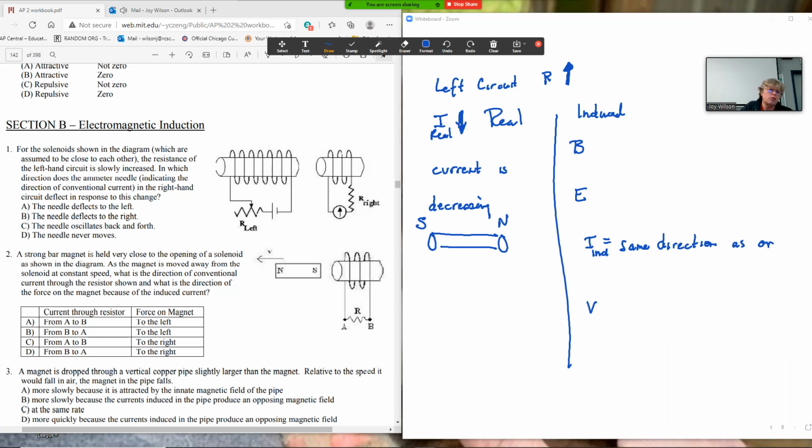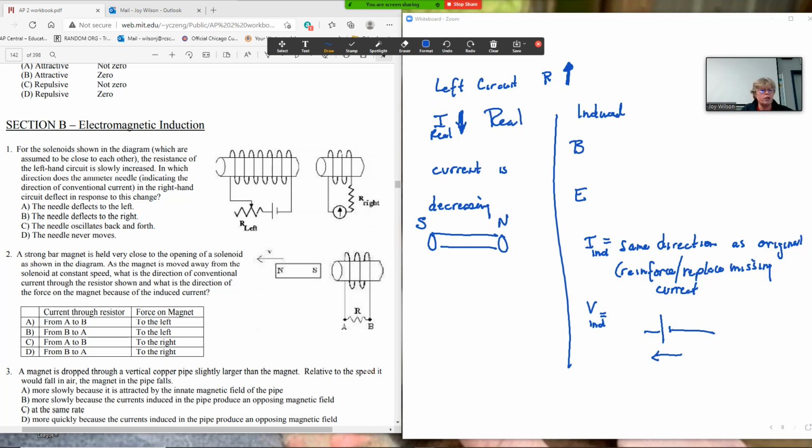So our induced current will be still the same direction as original, because it has to reinforce or replace the missing current. It also means that the battery on the right-hand side, the induced voltage, will be a battery that points this way.